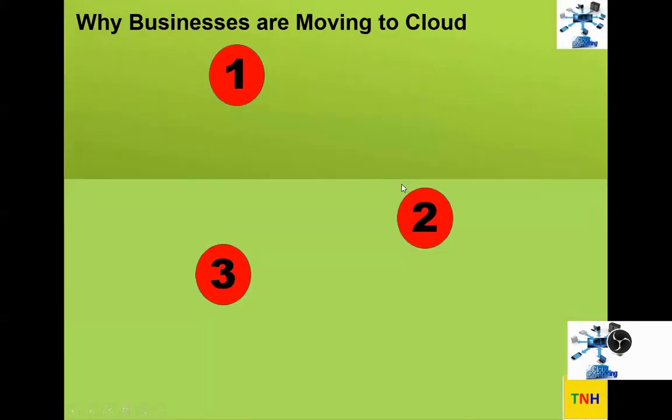The very first thing is why businesses are moving to cloud. That's the very first question. Moving to cloud means it's a kind of migration, and definitely they have been operating on premise. So maybe they are going to lift and shift, or maybe they are going to operate with a hybrid model first.